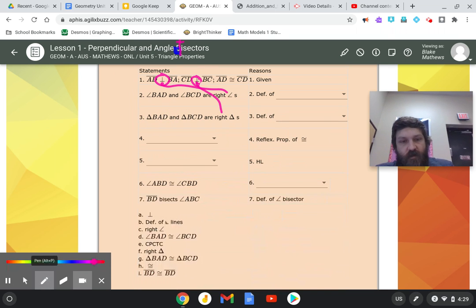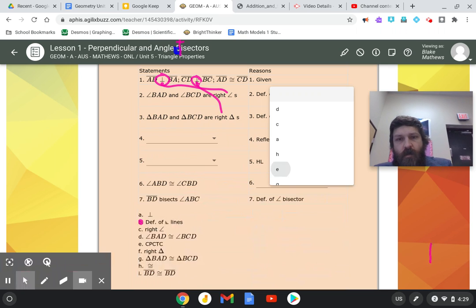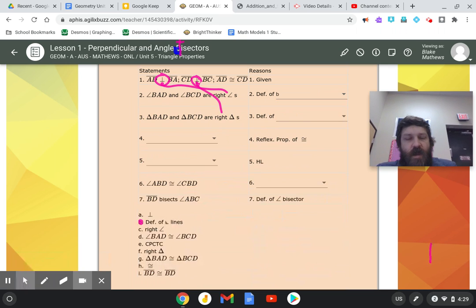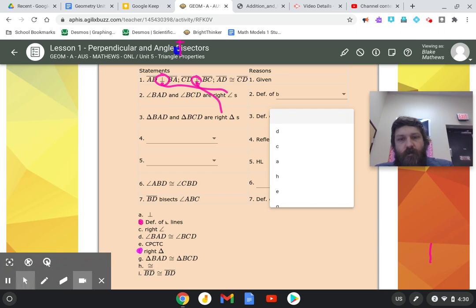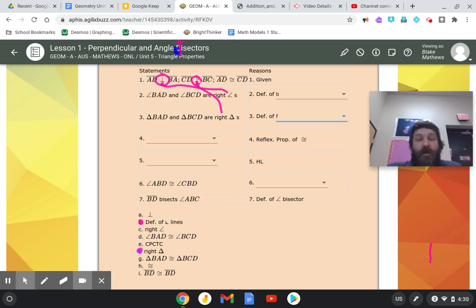So let's find that definition of, assuming that they're looking for B there. And then they say, okay, well, those triangles are right triangles. Well, that's the definition of right triangles. So we've said those angles are right, and because those angles are right angles, then those triangles are right triangles. That's just following that logic there.